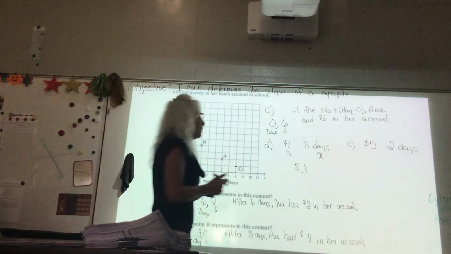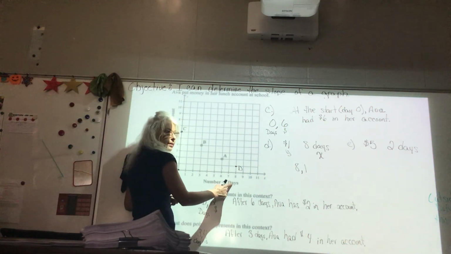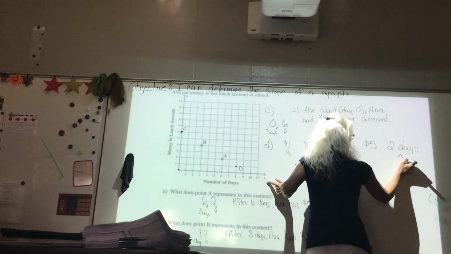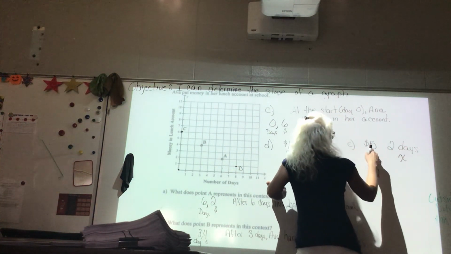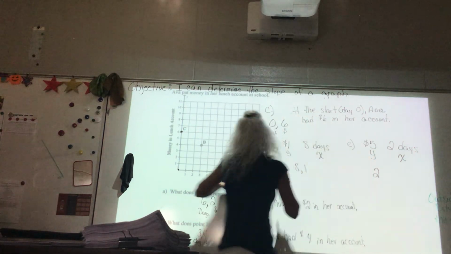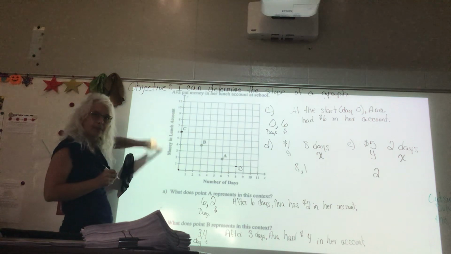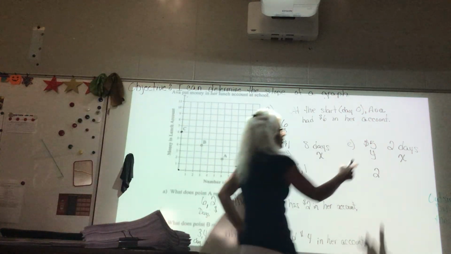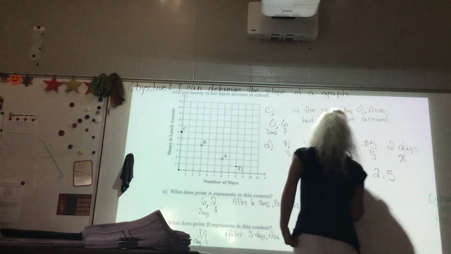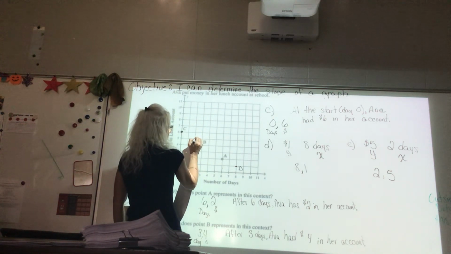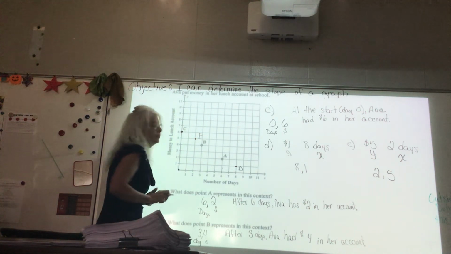The 2, because days is on my X-axis, and then that is my Y. Because on my Y-axis, isn't the money listed? So we have to do point 2 days, $5, point E.